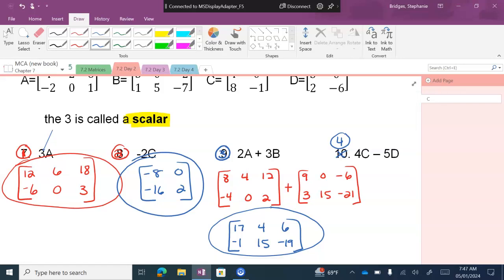If you haven't already, go ahead and do 4. Not very many of these today.